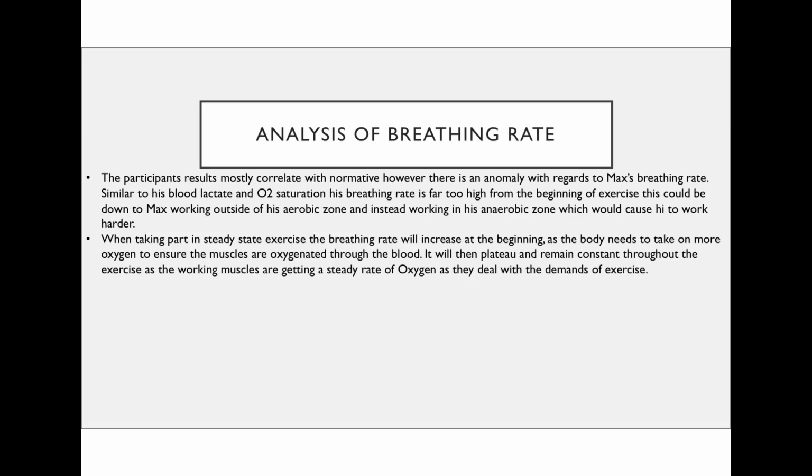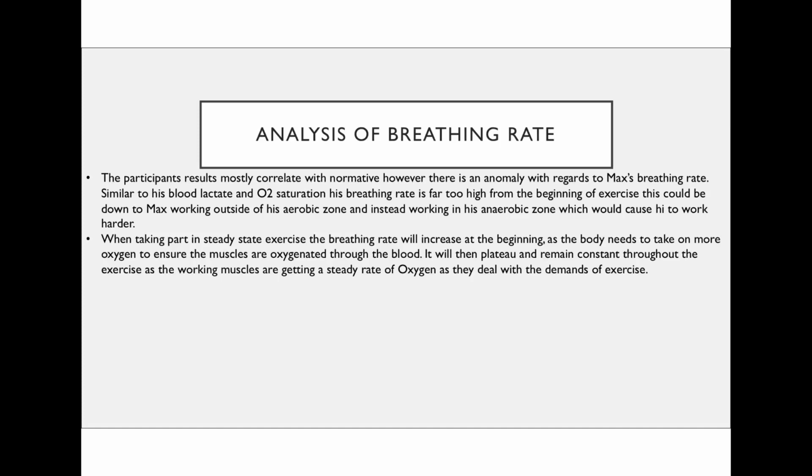However, there is an anomaly with regard to Max's breathing rate. Similar to his blood lactate and O2 saturation, his breathing rate is far too high from the beginning of exercise. This could be down to Max working outside of his aerobic zone and instead working in an anaerobic zone, which would cause him to work harder.